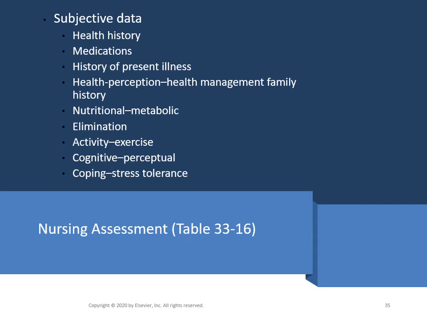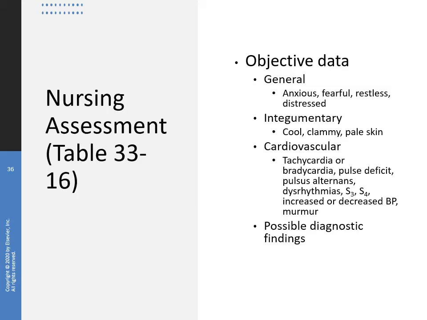Are they straining when they have stools? In relation to activity, we want to pay attention to whether they complain of palpitations or dyspnea or dizziness when they are exercising. We also want to assess whether there's been any cognitive change or if they're dealing with any additional stress, depression, anger, or anxiety.